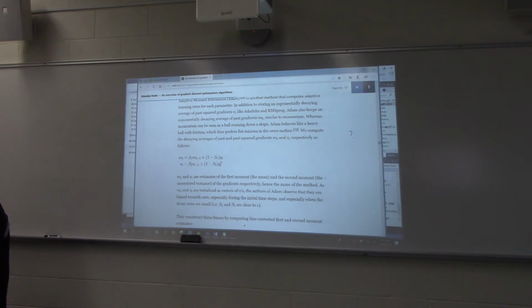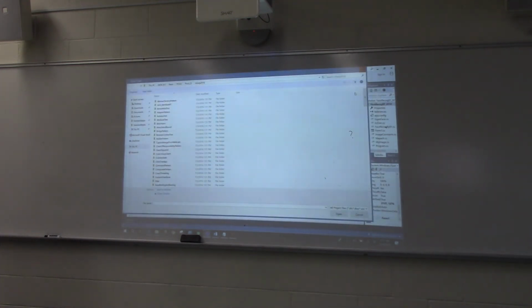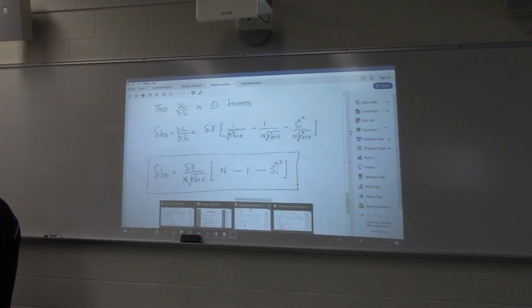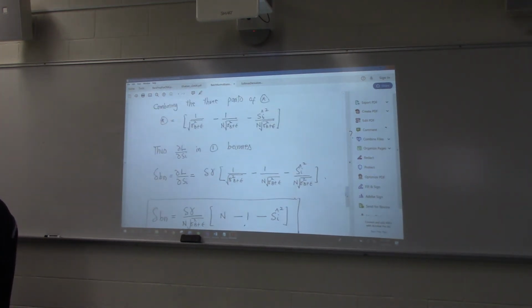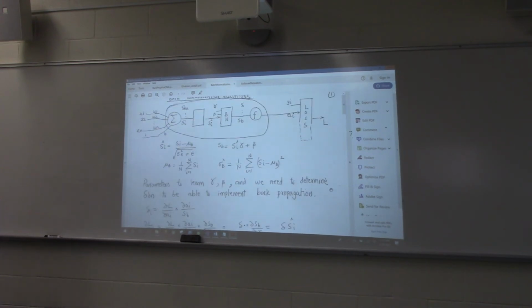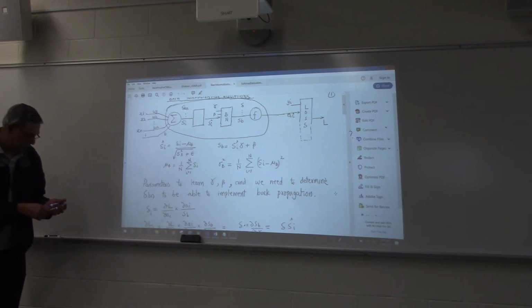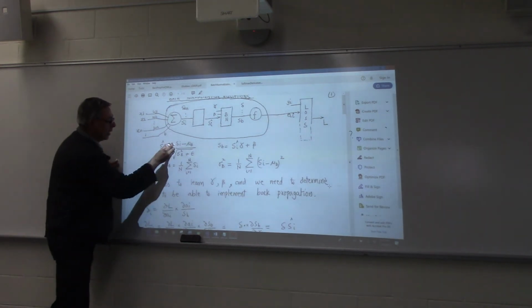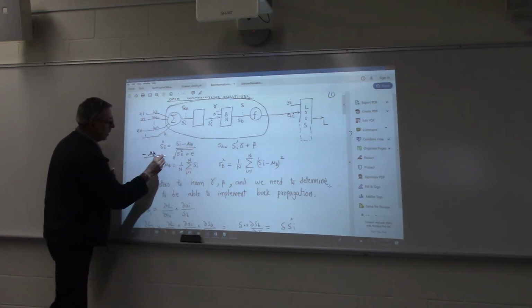Professor? Yes. I have a question. Partial S_i hat over partial S_i. The mu and the sigma have S_i in their formula. Okay, let me put this back. Which one are you talking about? Partial S_i hat over partial S_i, the first term. Yes, that simply will be minus mu_B over sigma squared_B plus epsilon.